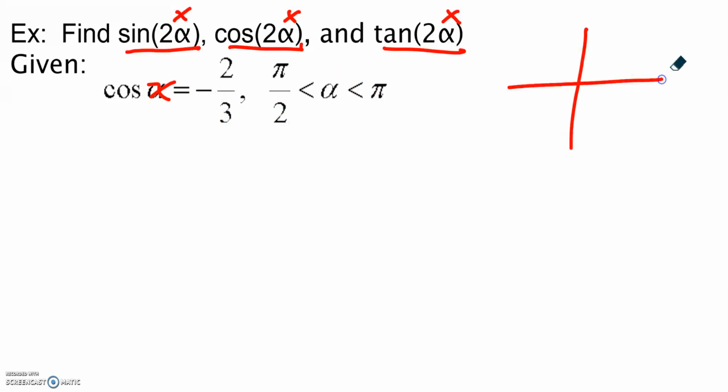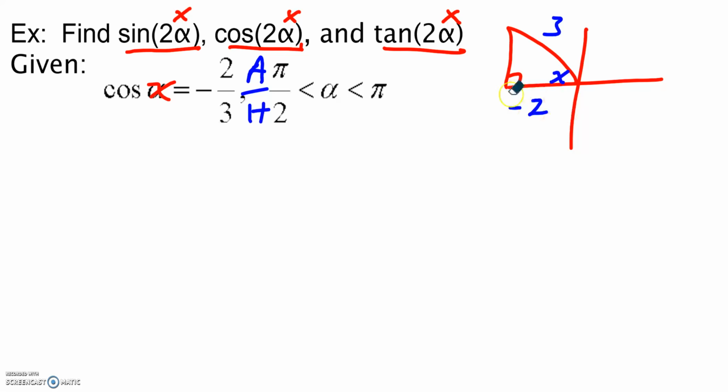So just like the last video, I'm thinking about drawing a picture. It's between pi over 2, or 90, and 180, which means that my triangle is in the second quadrant. My angle, or reference angle, is x, and I'm given that cosine, or adjacent over hypotenuse, is there and there.